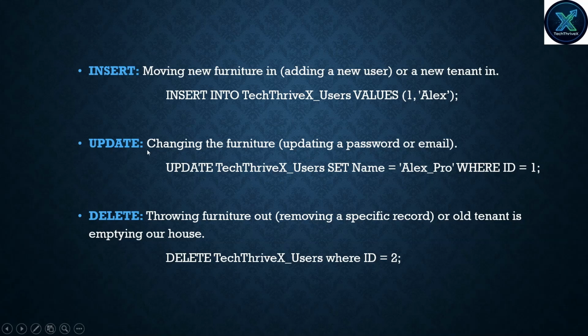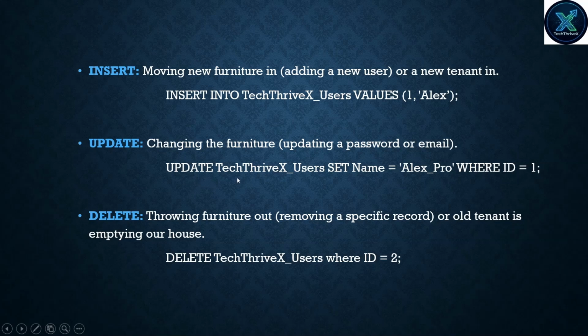Coming to the update. By mistake, we have inserted Alex instead of Alex Pro. That is our mistake, right? So what we do is we will just update the name. We know his ID number, right? So using that ID number, we will update the name.